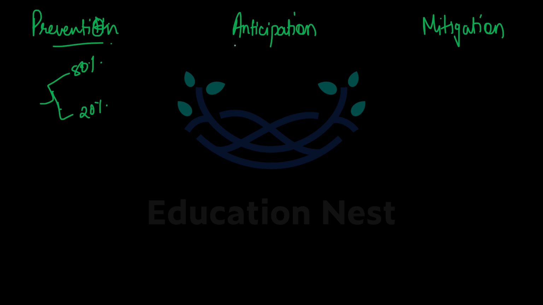Then anticipation. Obviously, not all disasters can be prevented, so we should be anticipating any kind of failures. Anticipation includes predicting possible future disasters, knowing how they would impact our business, that is, knowing the consequences, and planning appropriate disaster recovery procedures.